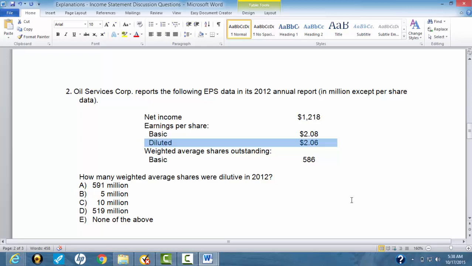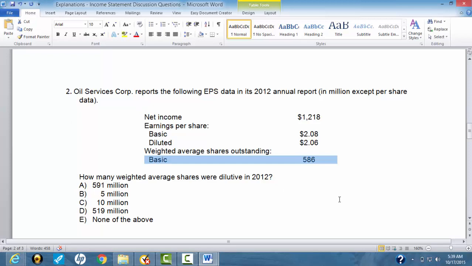The reason being that the denominator, which is the shares outstanding, becomes diluted. It's increased for the diluted EPS calculation. And when you have a bigger number in the denominator, the number calculated becomes smaller. For the basic EPS, the shares outstanding is 586.